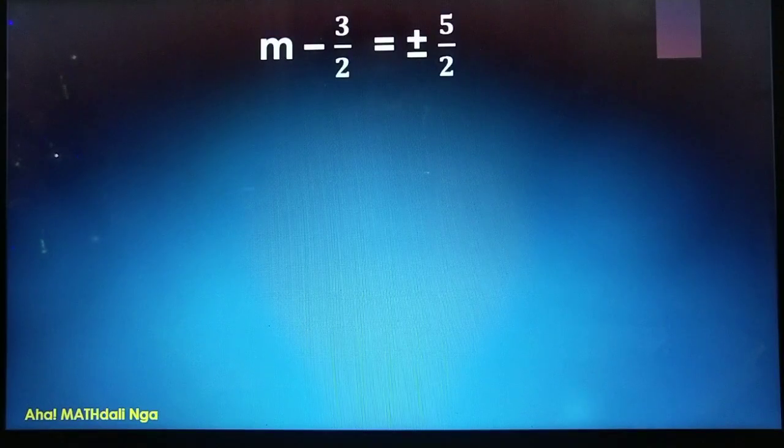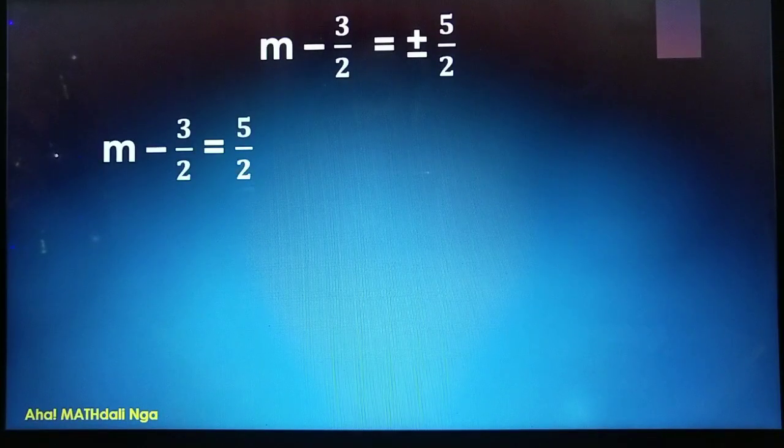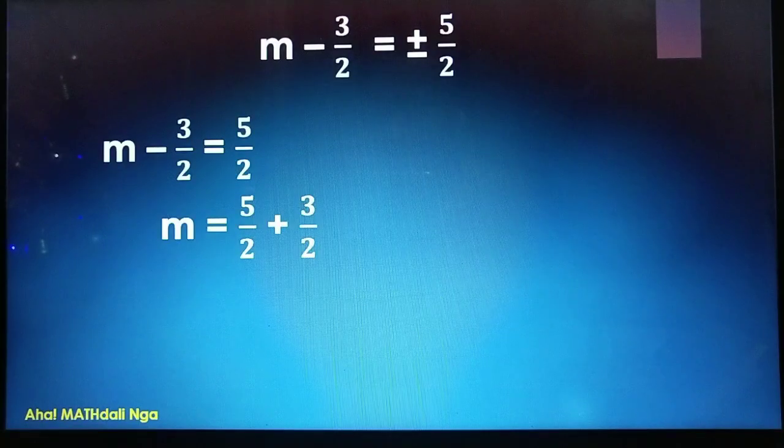Let's now find the values of m. m minus 3 over 2 equals positive or negative 5 over 2. First, we will use positive 5 over 2. So we have m minus 3 over 2 equals 5 over 2. m is equal to 5 over 2 plus 3 over 2.